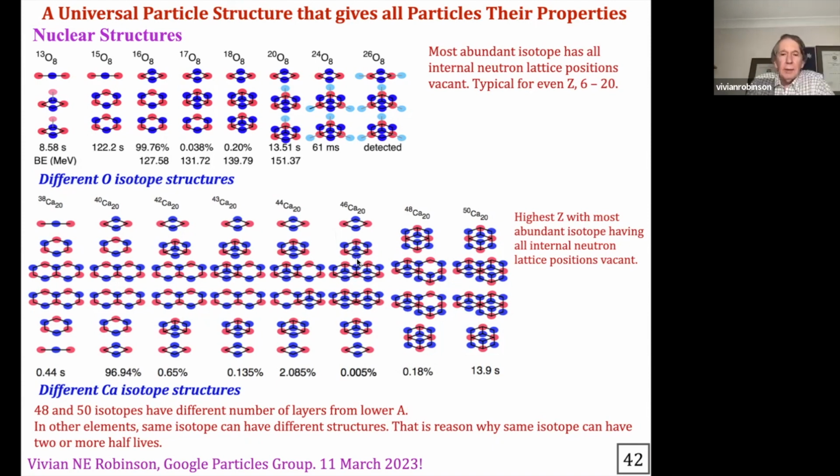The same isotope of a particular element can have different structures, and it is the structure that determines the stability of the nucleus. Basically, the strong nuclear binding consists of overlapping charges which appear and disappear.